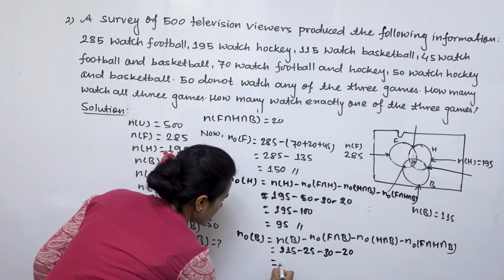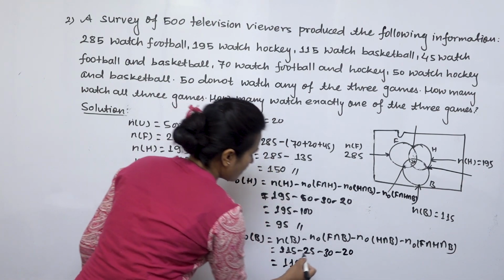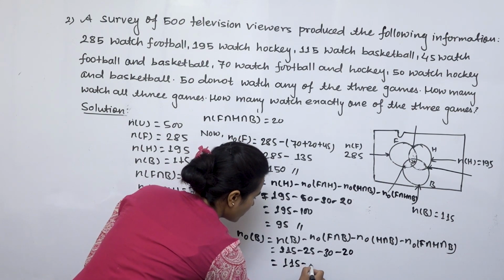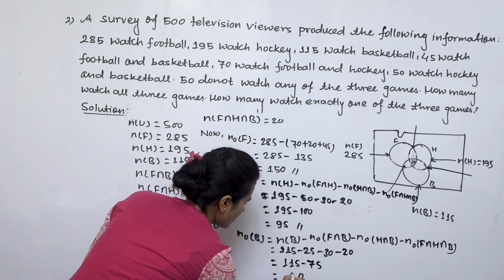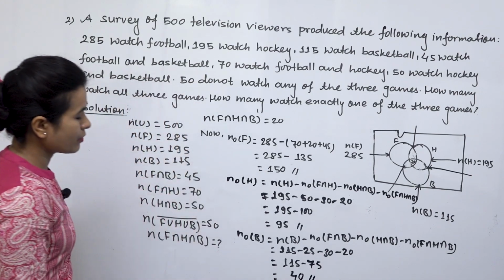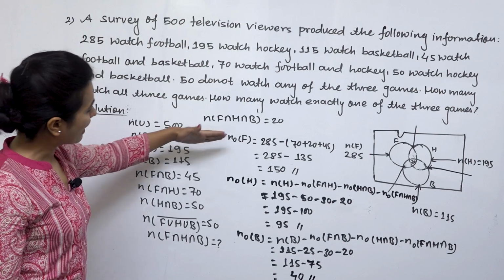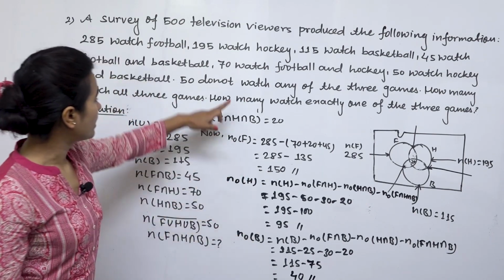The sum of 25, 30 and 20 is 75, so 115 minus 75 is 40. So now we know only F is 150, only H is 95 and only B is 40, which we want.